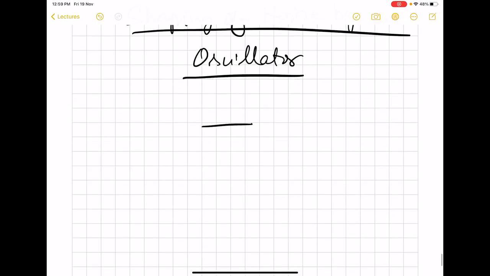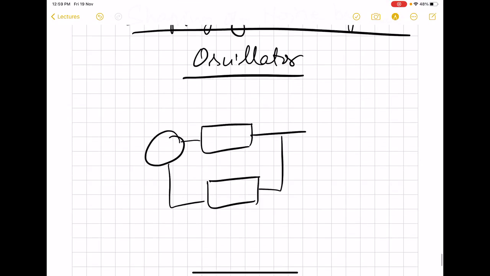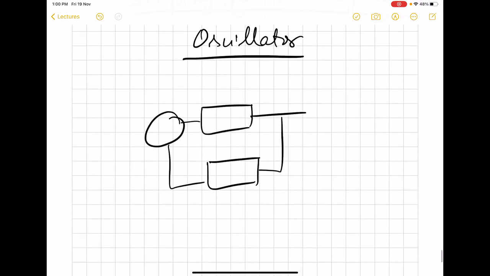We know that using the feedback model, an oscillator is presented in this form. And typically this input will not be present here. But suppose we have a noisy input which is being injected here.